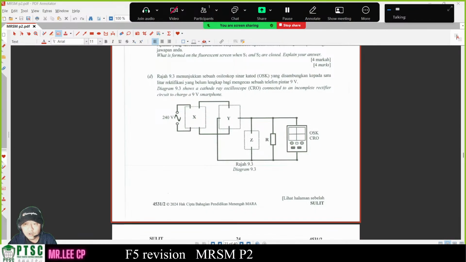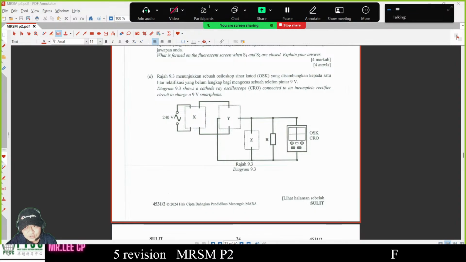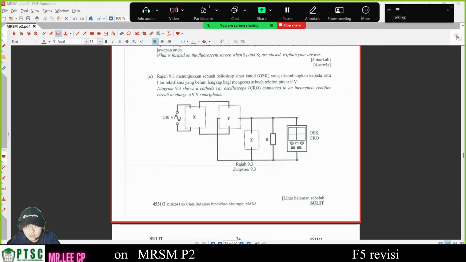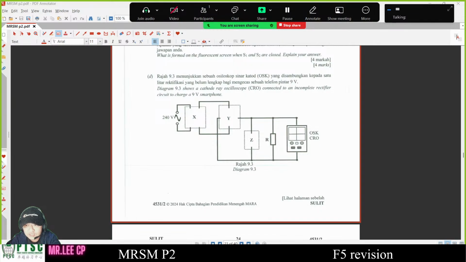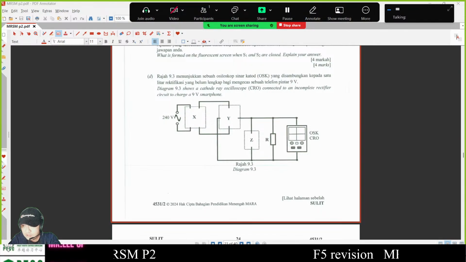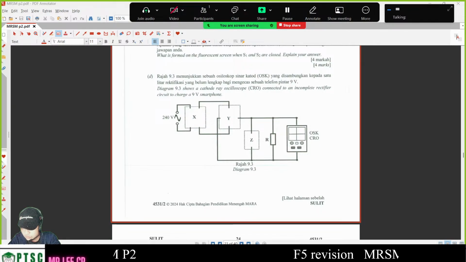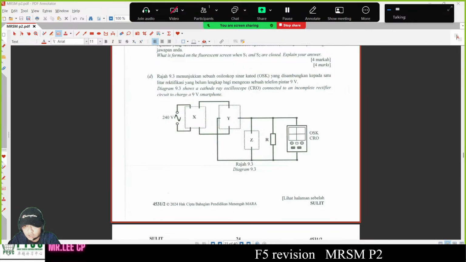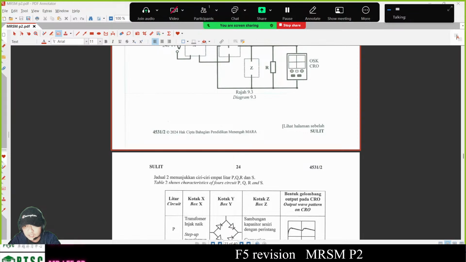The most important thing is you need to read this question first. Diagram 9.3 shows a cathode ray oscilloscope, CRO, connected to an incomplete rectifier circuit to charge the 9 volt of a smartphone. They want to charge the smartphone.